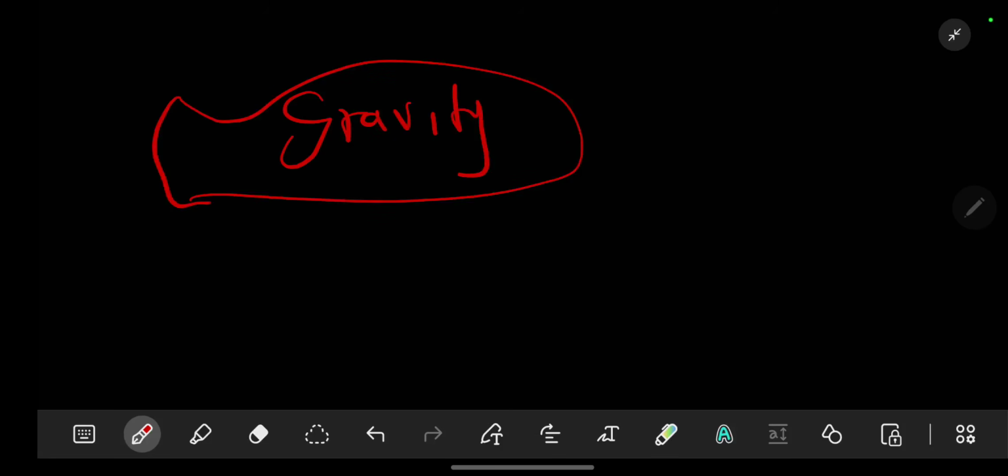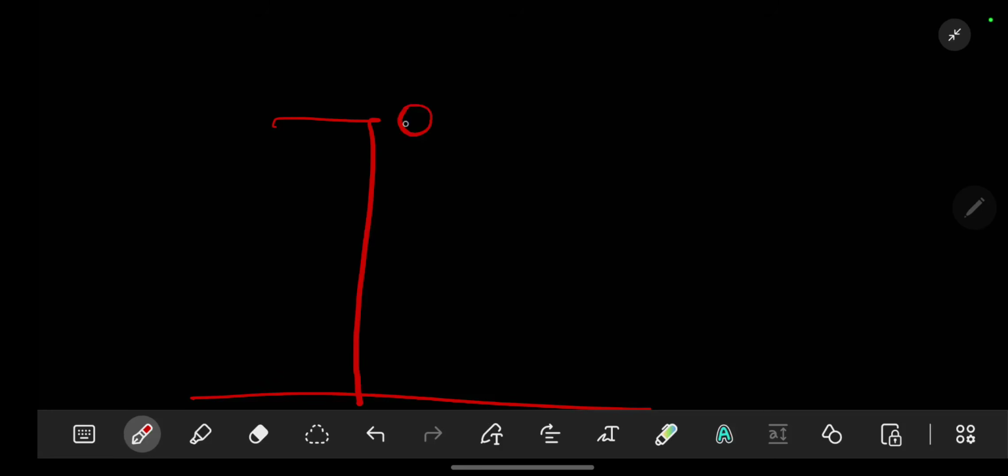Let's say the conservative force that we might have is gravity. I'll explain what non-conservative forces are. If you have gravity, and you are dropping a ball from a point, let's say from here, then at this point the ball will have its maximum potential energy, because this is the highest point.